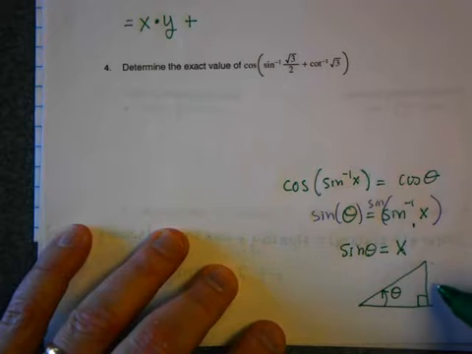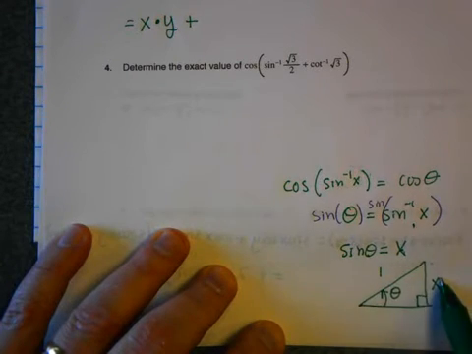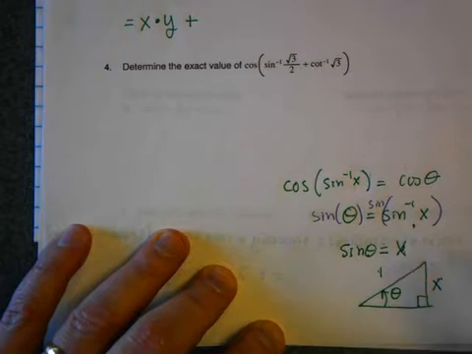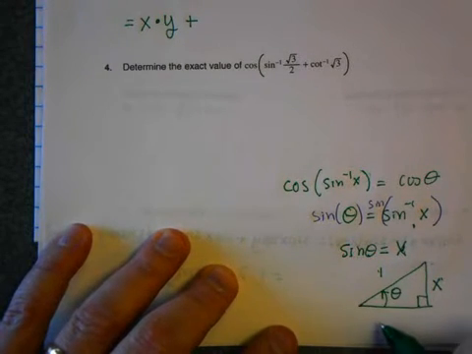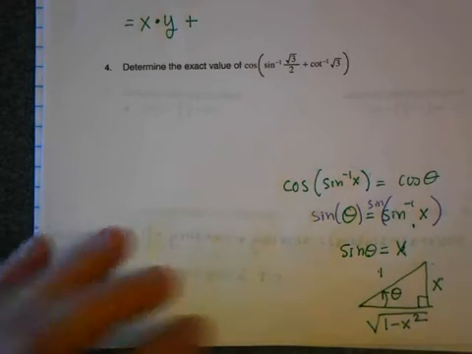Opposite is x, hypotenuse is 1. Opposite over hypotenuse, x over 1. I could then go talk to Pythagoras and use the Pythagorean theorem, and I would find that the other side, when I work that out, is square root of 1 minus x squared.